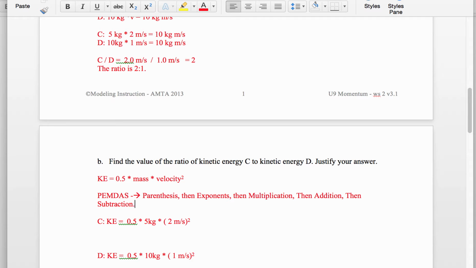If you haven't heard PEMDAS, that's just the order in which you do things. Here we have parentheses, but there's nothing to do with them. We have exponents, so we're going to do those first.